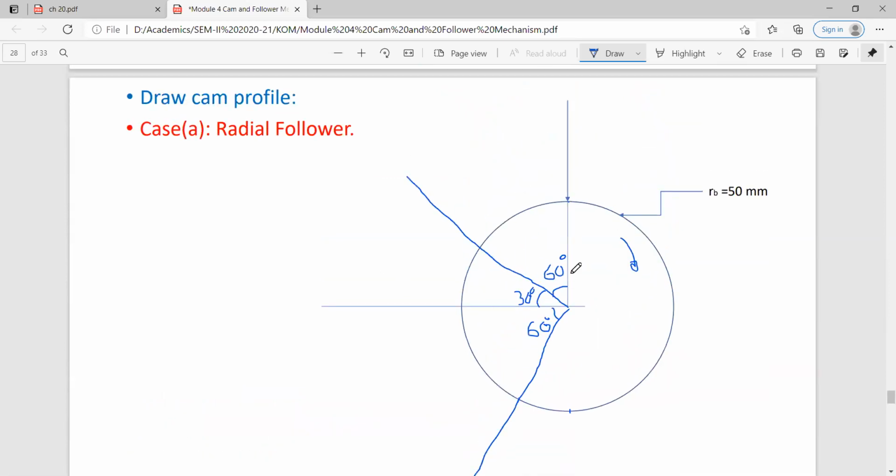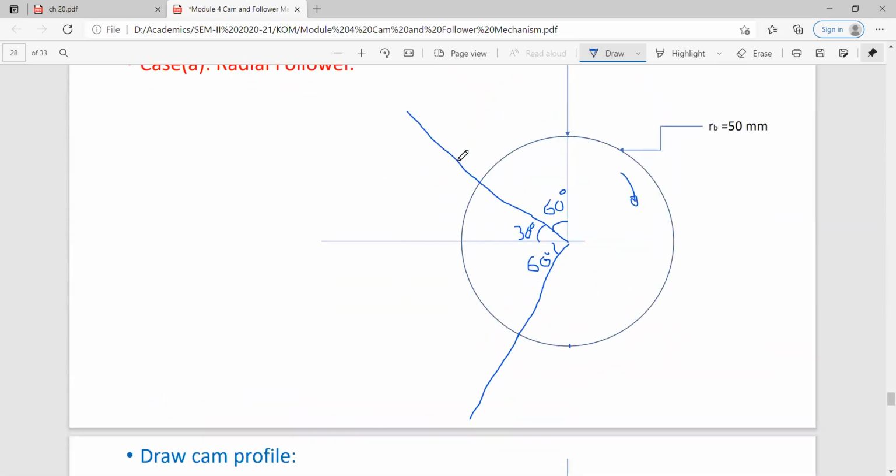So are you getting how I mark these angles? Yes or no? Yes, sir. Okay. So you try to mark it in your drawing book or notebook, whichever you are using.